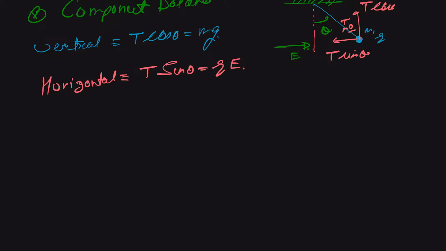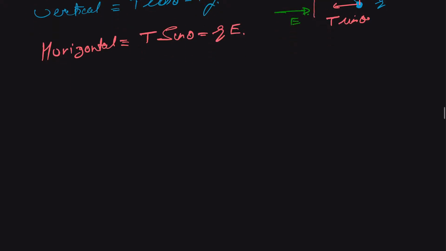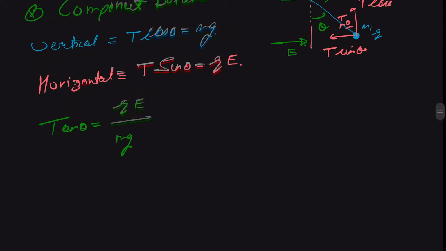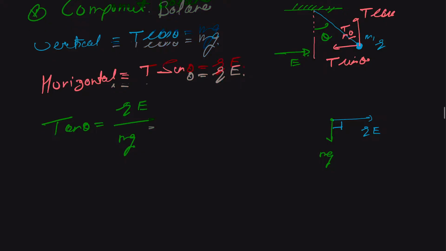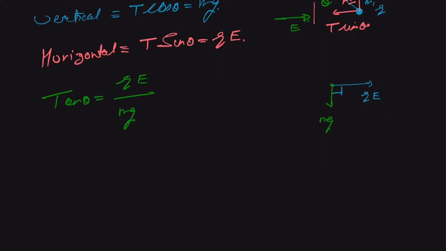So this gives us that tan theta will be equal to QE upon mg, and we are interested in the magnitude. Let me draw it. We have mg and then there is a force Q times E, and they are both at 90 degrees, and our tension is somewhere here.